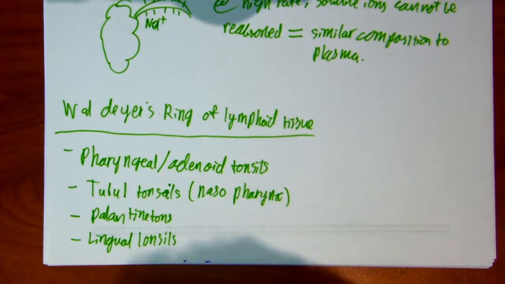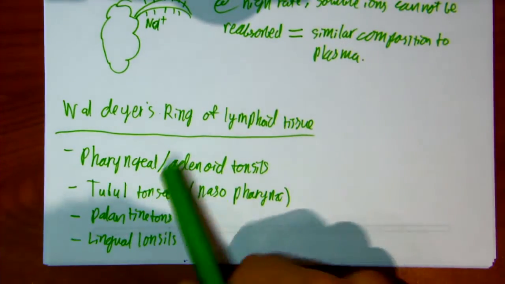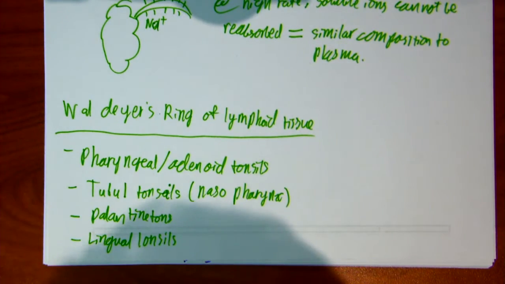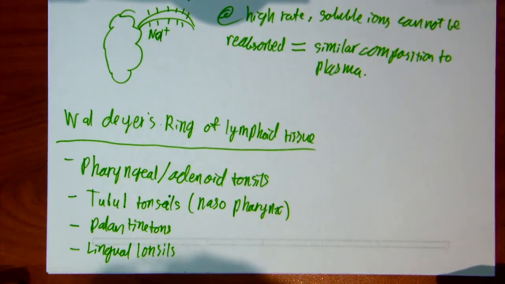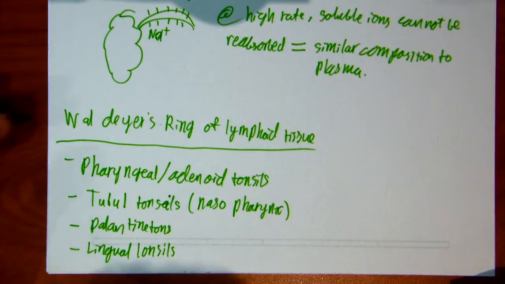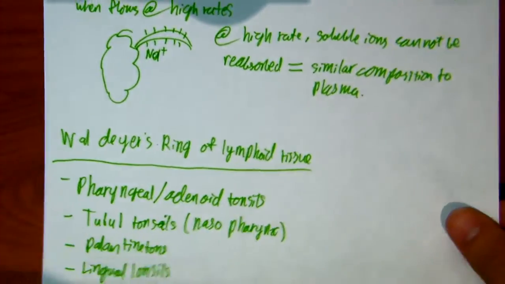Some of these structures you will be able to see on the posterior view of your nasopharynx. It's that picture we were just looking at. However, you won't really be asked to identify them. Are you guys good on this? The only questions you'll probably see come from this are what lymphoid tissues compose the ring. Besides that, nothing too in-depth.